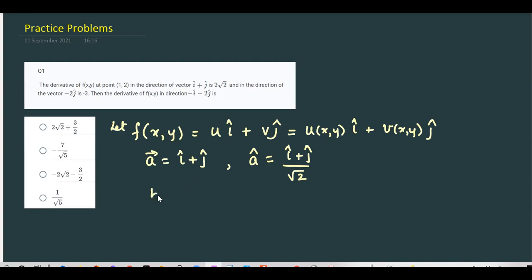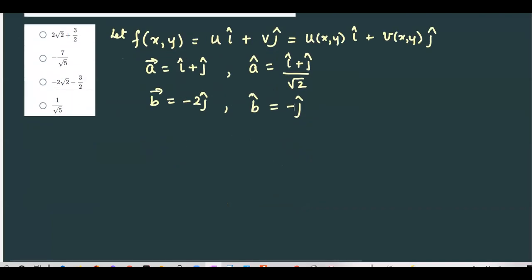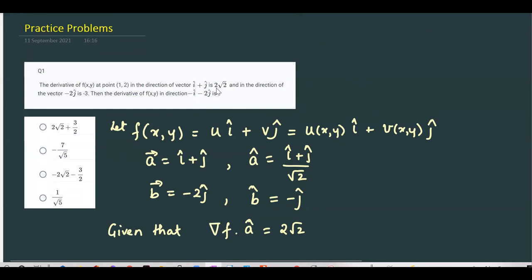Similarly, this one b is minus 2j. The direction of b is minus j, since the modulus is 2, so minus j will be the direction of b. Now what is given? Given that grad f dot a cap is 2 root 2 at 1 comma 2.